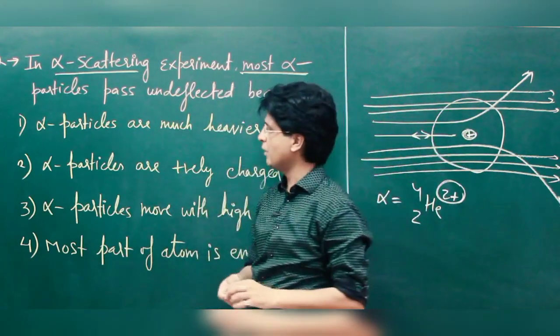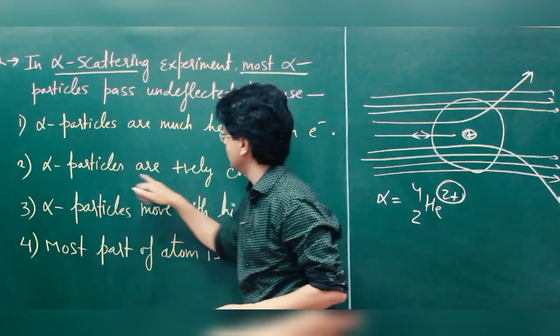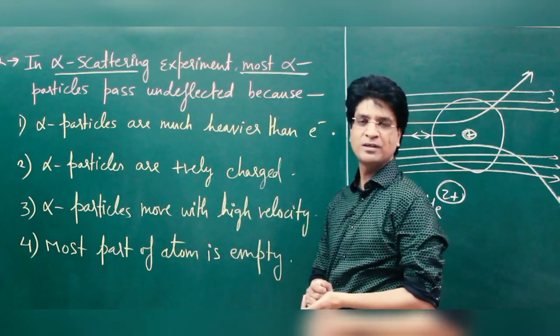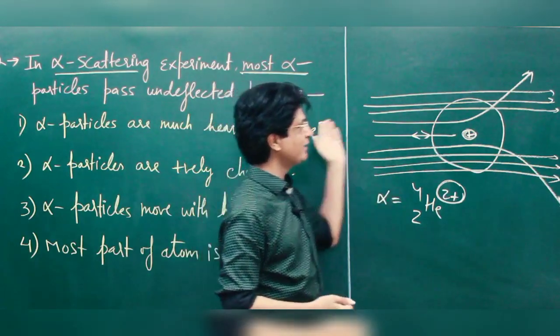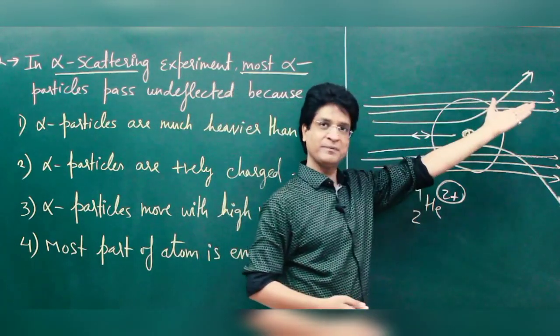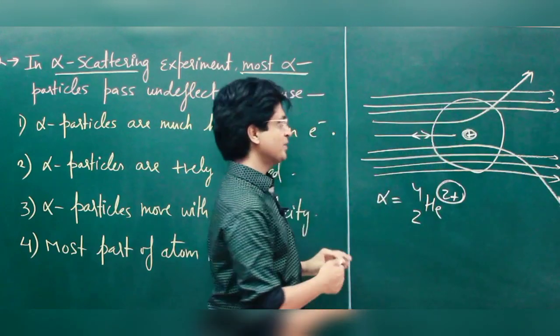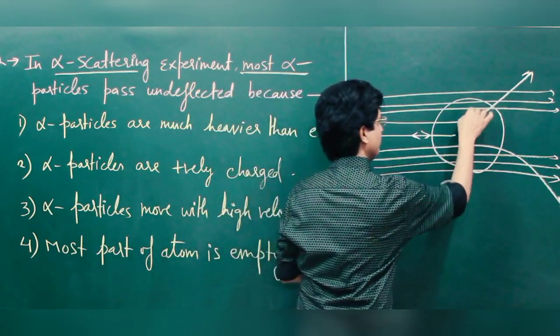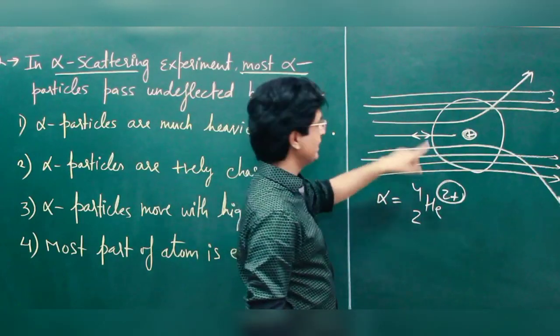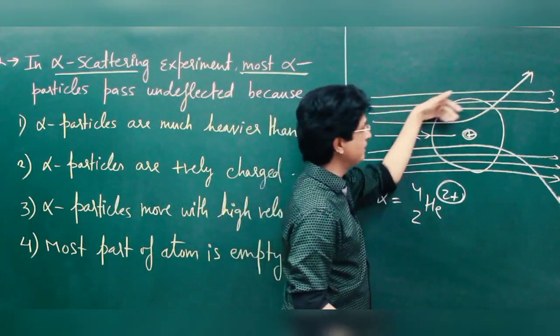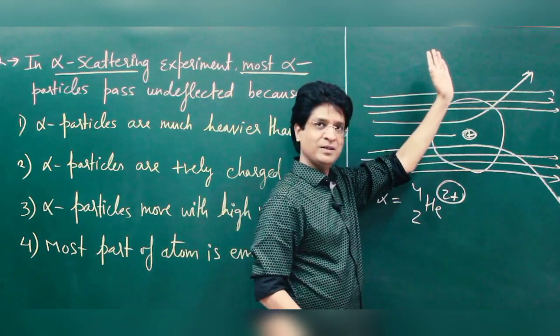Now come to the second option. Alpha particles are positively charged. Yes, they are positively charged, we know that, but that is not the right reason of them being deflected. Suppose we were having positive charge everywhere, in that case these alpha particles would have been deflected. Yes or no?